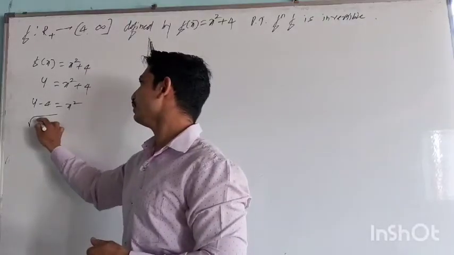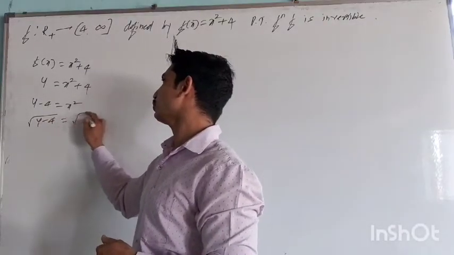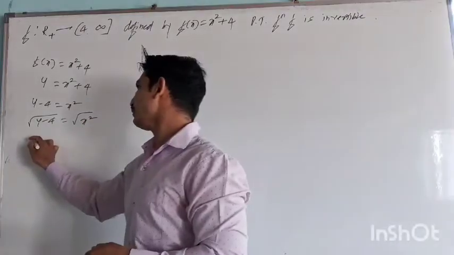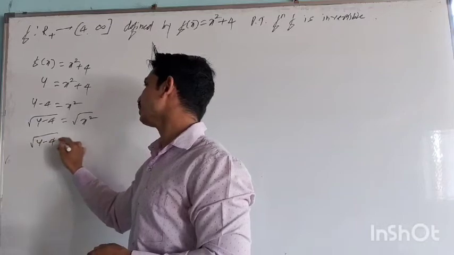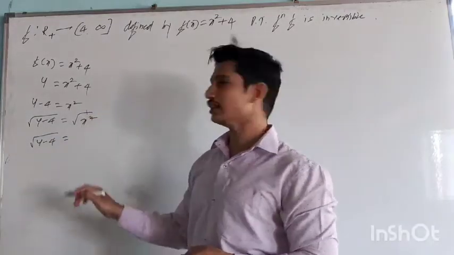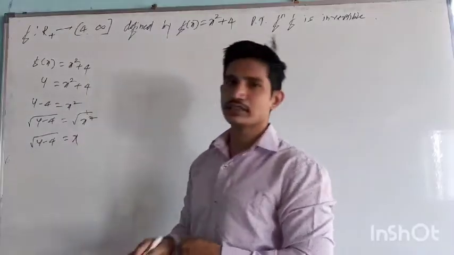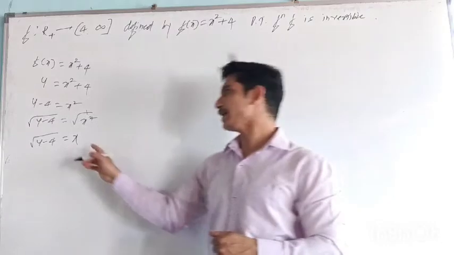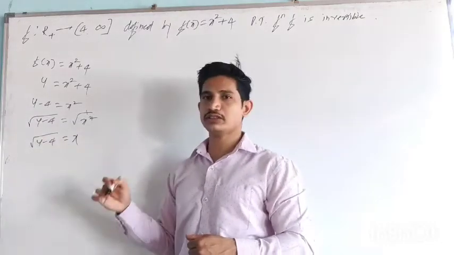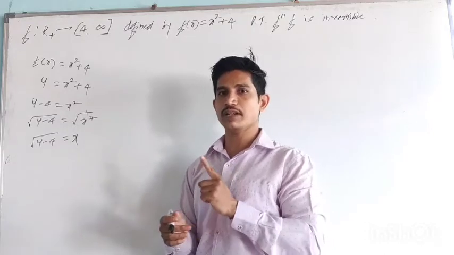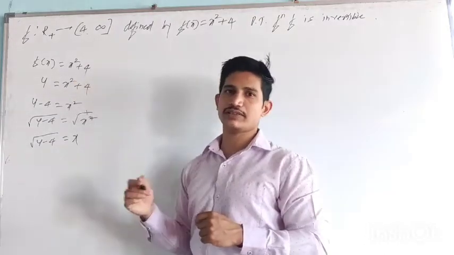The root of y minus 4 stays as it is, and the square and root cancel, so the root of x square is x. So the value of x is root of y minus 4. This is your first step: find the value of x from the given definition.